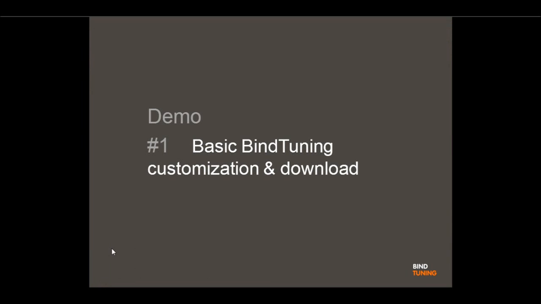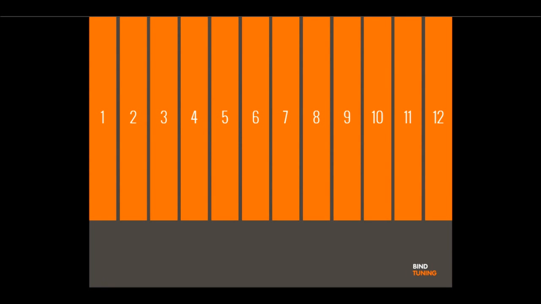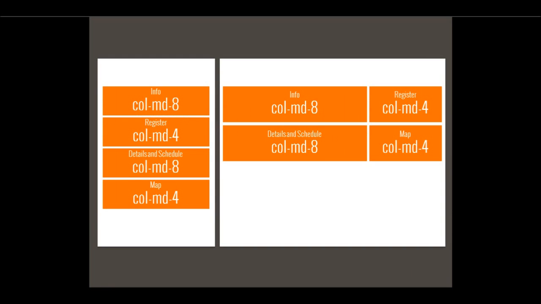We already did basic BindTuning customization and download, so let's move on and talk about the grid system. Bootstrap ships with a 12 columns grid system. It's a mobile first grid, meaning that it's designed for you to think about small screens before, and then think about the larger desktop designs.